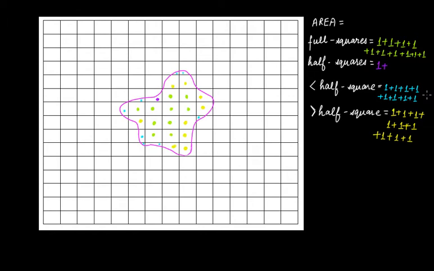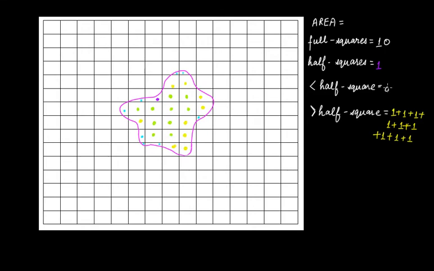So we have how many? We have 1, 2, 3, 4, 5, 6, 7, 8, 9 and 10. We have 10 full squares. Then we have 1 half square. Then we have 1, 2, 3, 4, 5, 6, 7, 8.